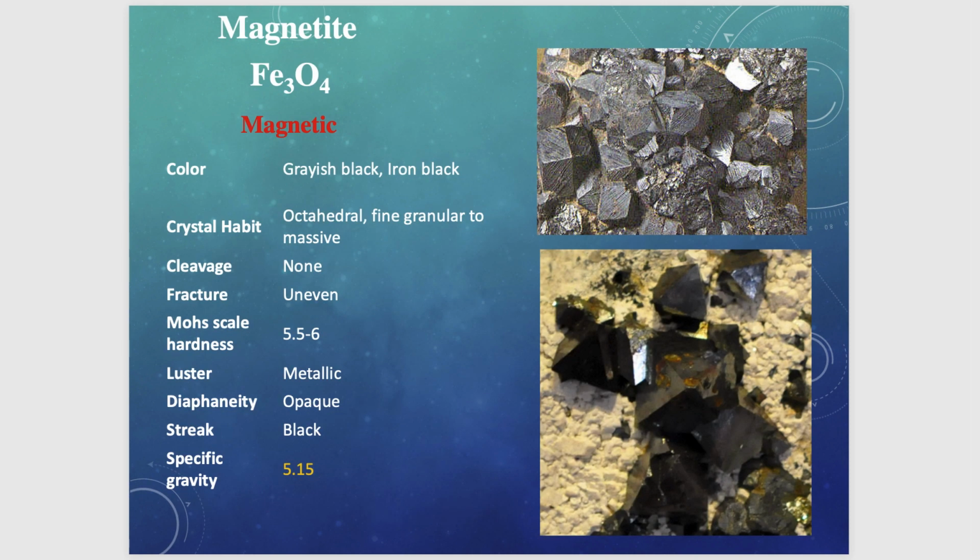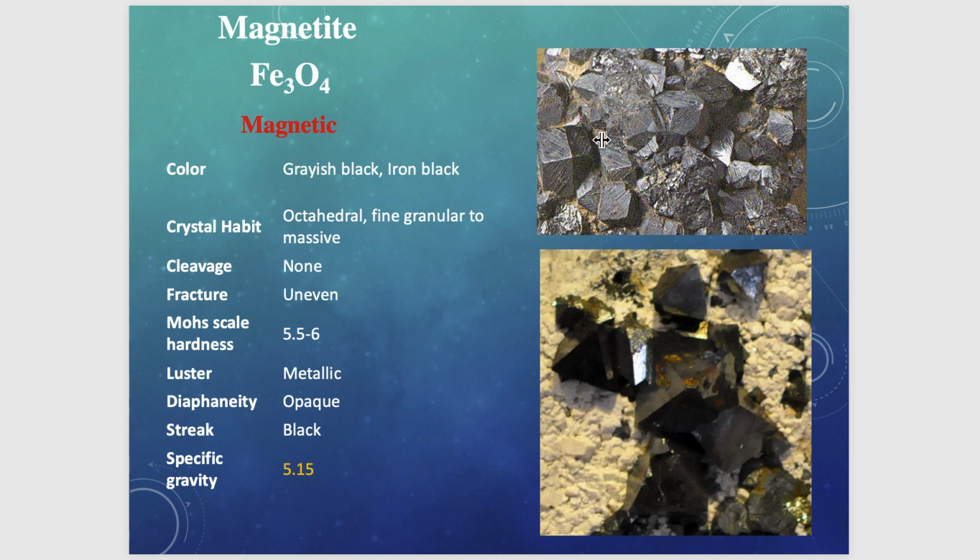So the first example is the magnetite. We mentioned that already. Magnetite was also reviewed in a previous lecture, and it's essentially characterized by its strong magnetic property, so a magnet will be strongly attracted to magnetite.